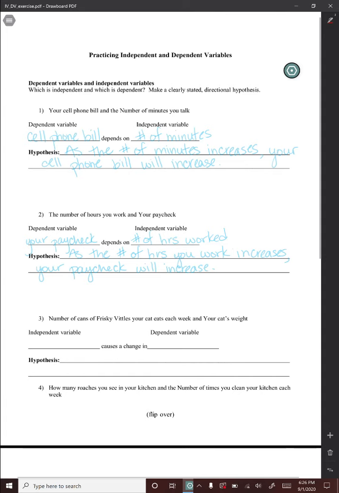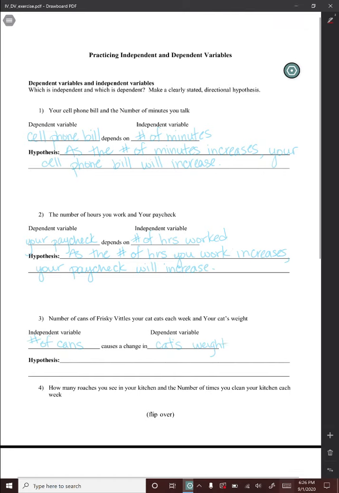But you probably were thinking your independent variable would be the number of cans of food that causes a change in your cat's weight. And that's usually how that works.